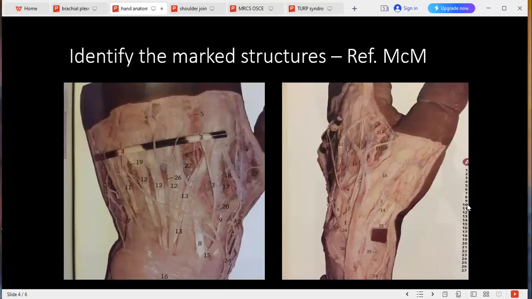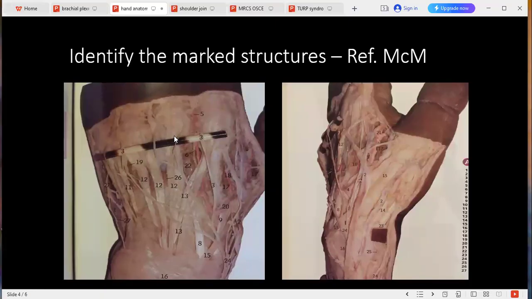Right. Moving on to picture B, can you tell me which tendon number 3 is pointing out? This is the extensor digitorum tendon. Can you tell me how it inserts into the fingers or digits?